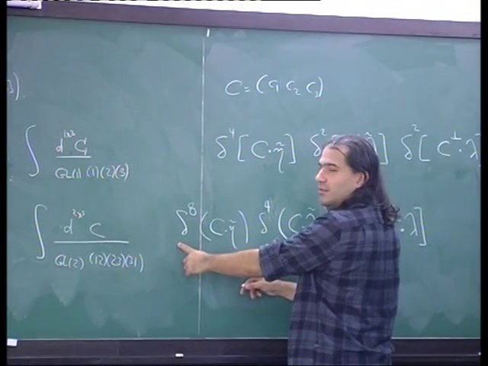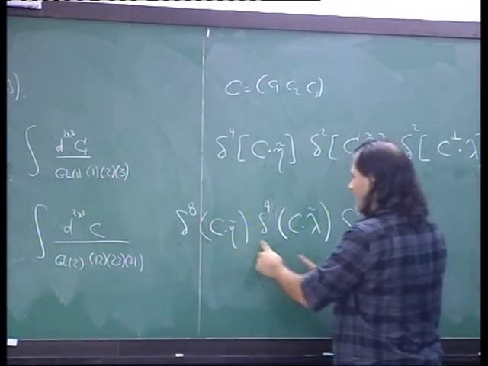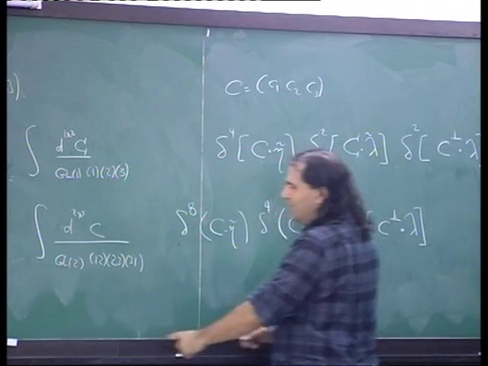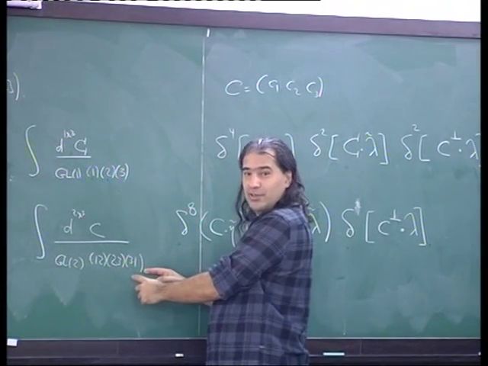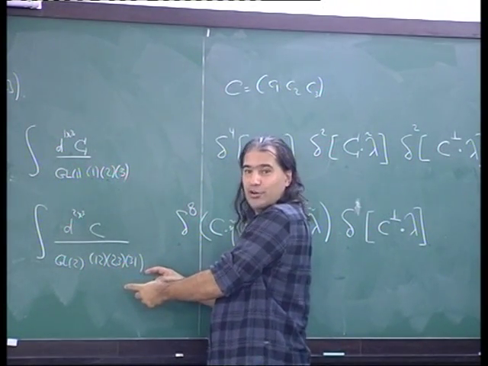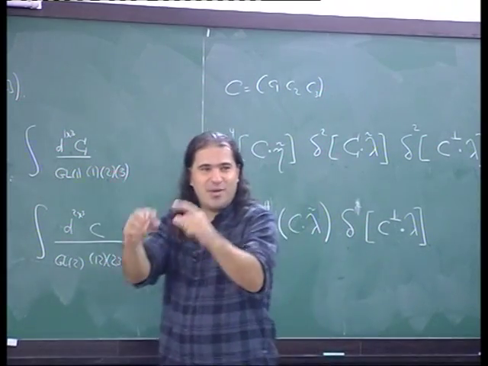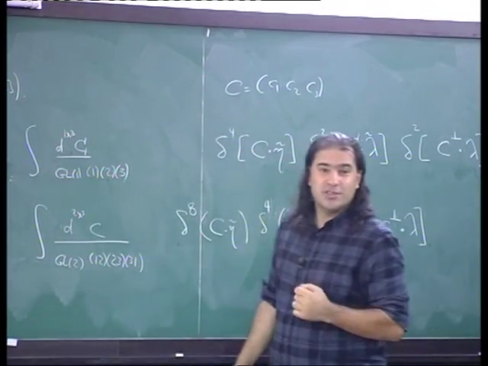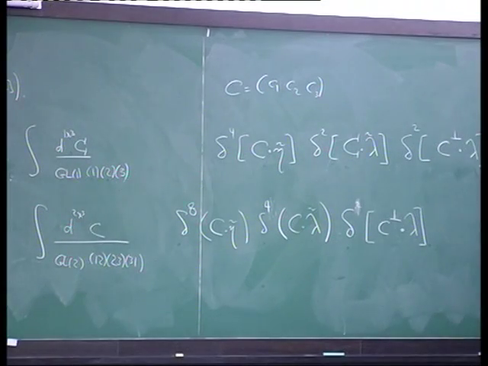Shoving in here gives me the fermionic delta function. That's momentum conservation. And the minors of this matrix become nothing other, because it's just the lambda plane, than angle bracket 1, 2, angle bracket 2, 3, angle bracket 3, 1, which is the Parke-Taylor factor. Okay?